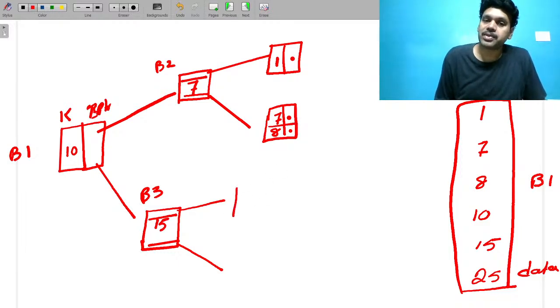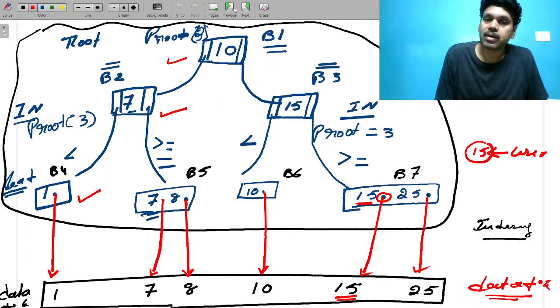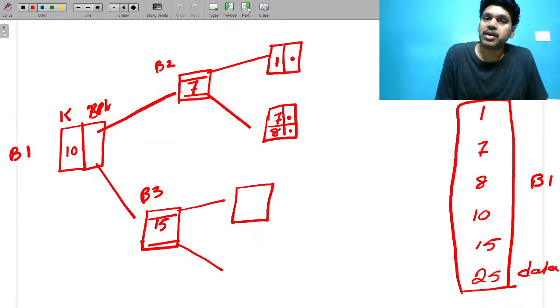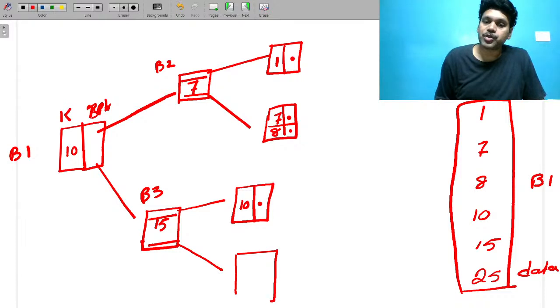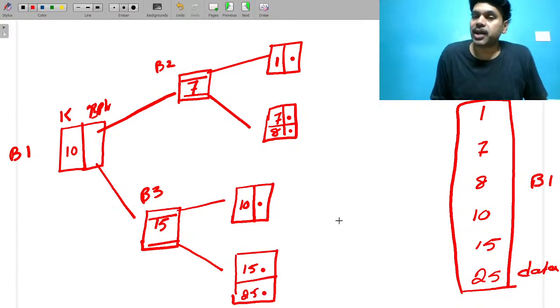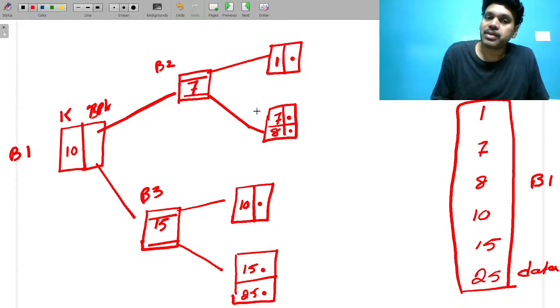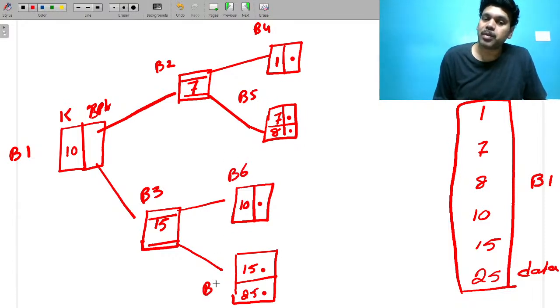And the next one is 10 dot, and this block consists of two keys, 15 dot and 25 dot. We do not have any block pointers to your leaves. Observe, this is block 4, this is block 5, block 6 and block 7.